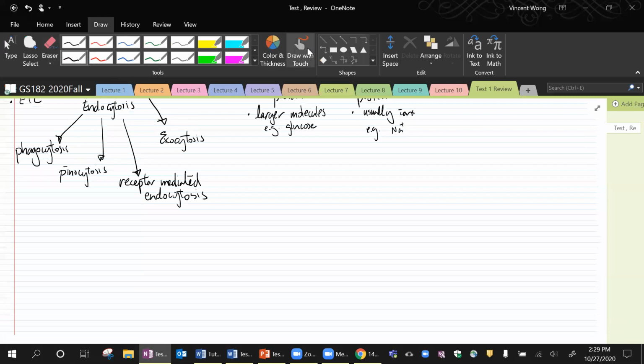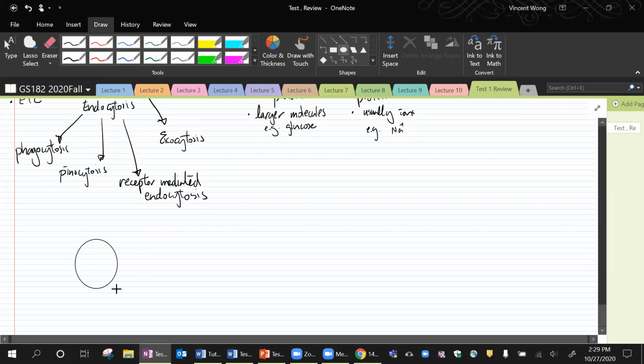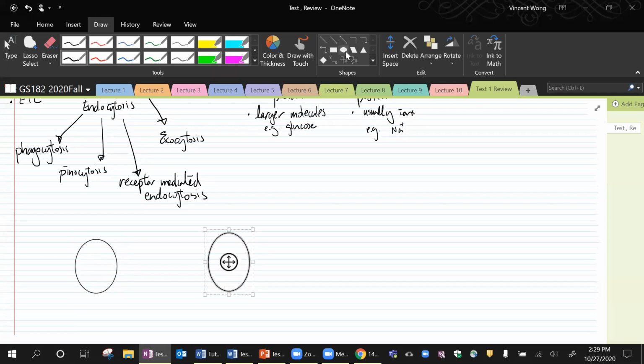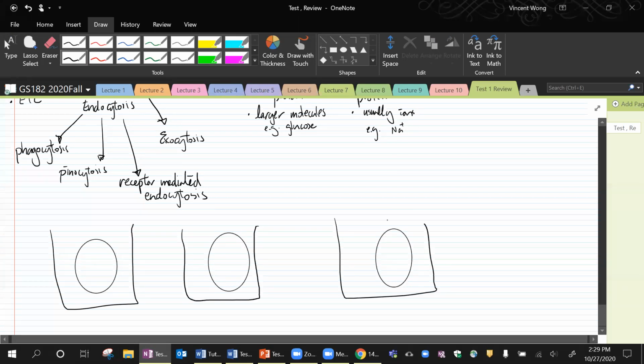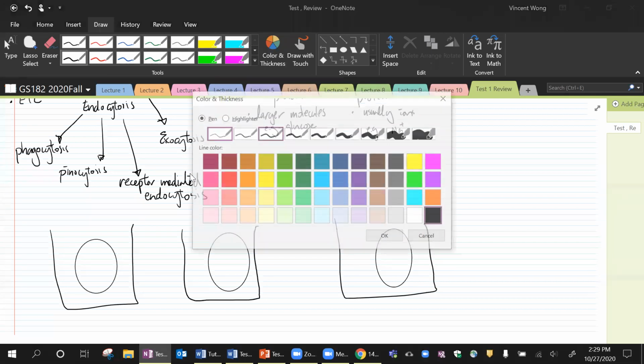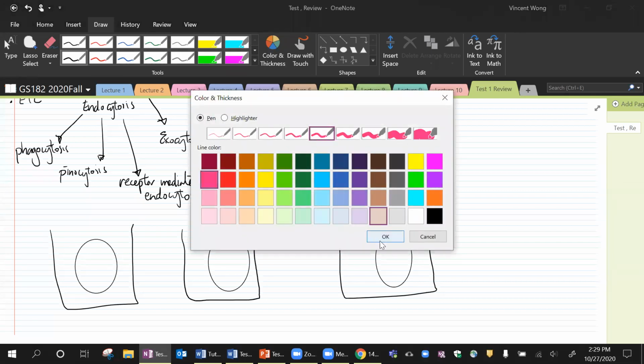In terms of the three types of tonicity, here we have cells in a beaker. Let me try to do this.